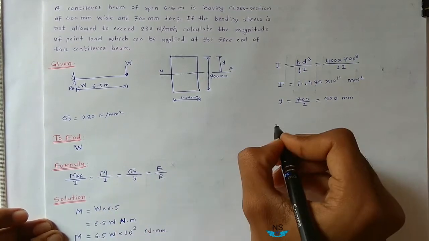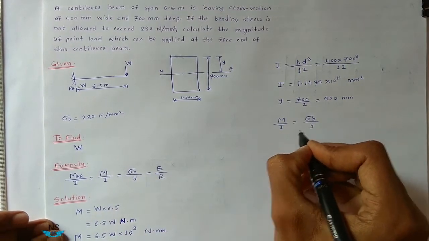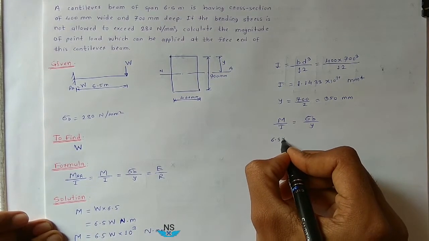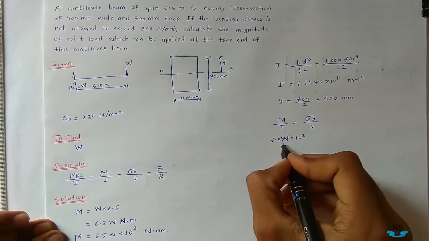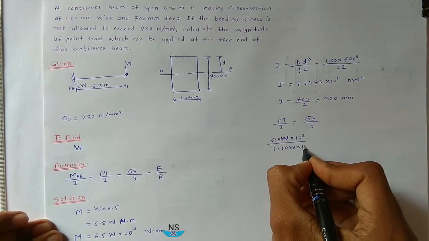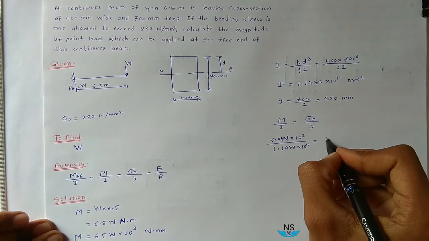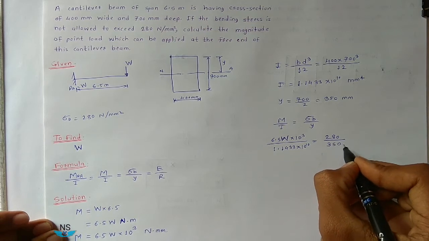Now use this formula. M divided by I is equal to sigma b divided by Y. M is 6.5 W into 10 raised to 3 divided by I, 1.1433 into 10 raised to 10, is equal to sigma b 280 divided by Y 350.